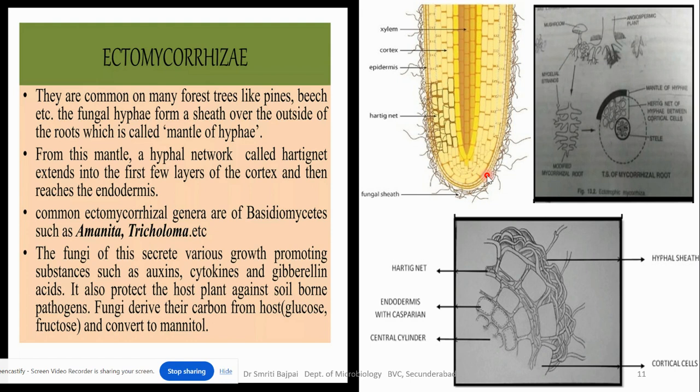The hyphal network forms the Hartig net, and the hyphae extend inside a few layers of the cortex, only up to the endodermis; they don't enter inside. So these are called ectomycorrhiza. These are the examples, and this is the significance of the ectomycorrhiza.